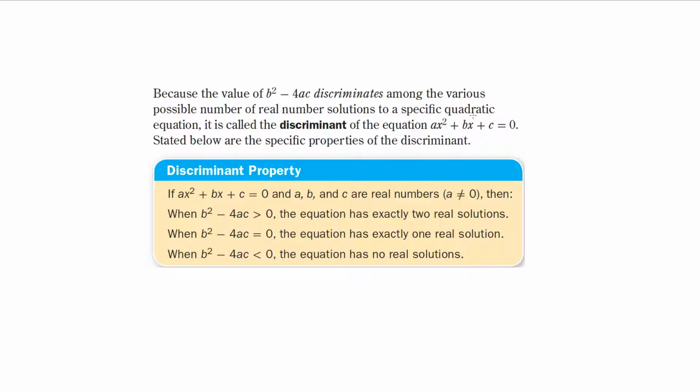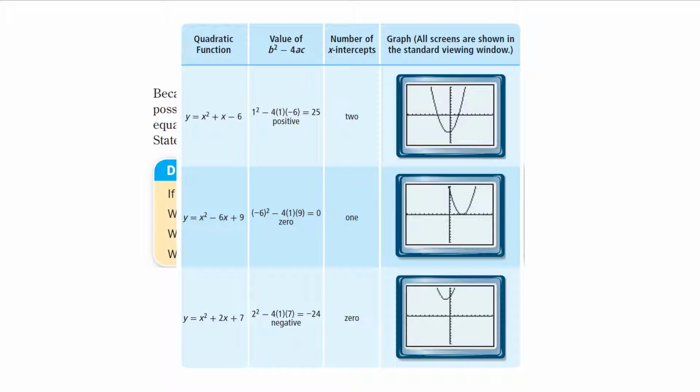This is it in graphical form. It shows us how this might appear when we graph this out for the values of b squared minus 4ac. When it equals 25, in this particular case we have two real solutions.